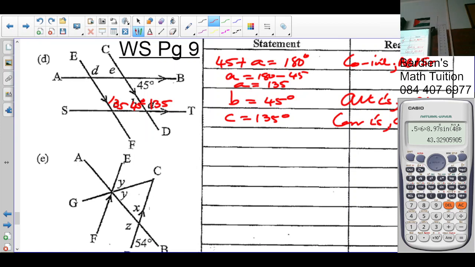You give me three values now for the same thing. Don't just call it out. Think about it. What is D? 135. Why? Vertically opposite here? So E plus D is 180, co-interior. Is that what you said? Yes, that's one way of doing it.